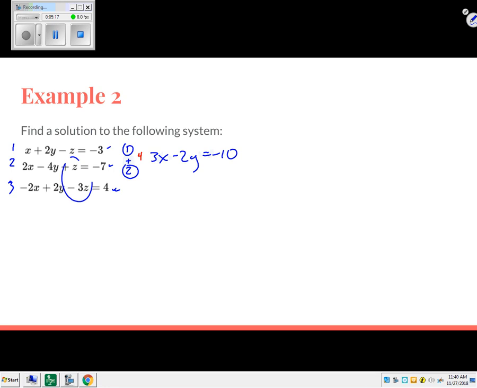I look at it, I see these two would probably eliminate the easiest. So if I bring over equation 2, but I'm wanting it to cancel with this z down here at the bottom on equation 3, I'm going to need to multiply equation 2 by 3 throughout the whole thing.